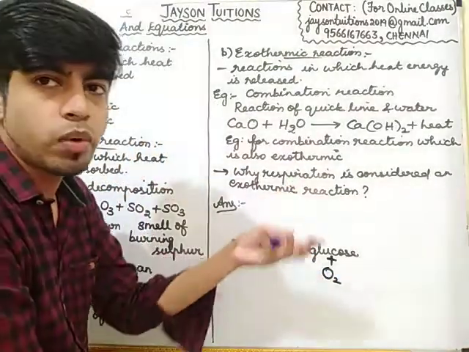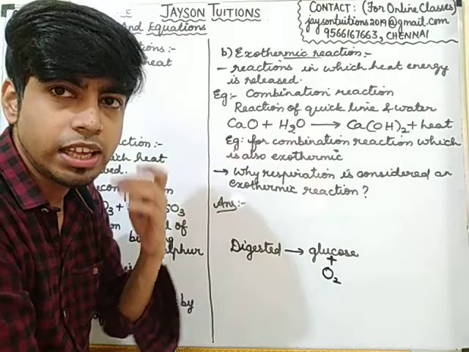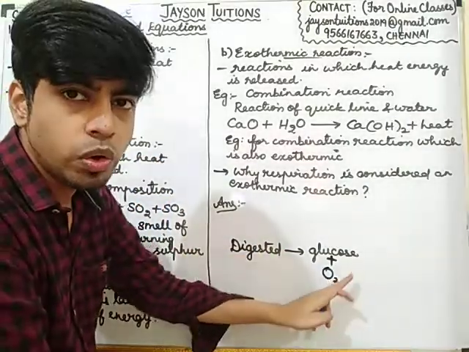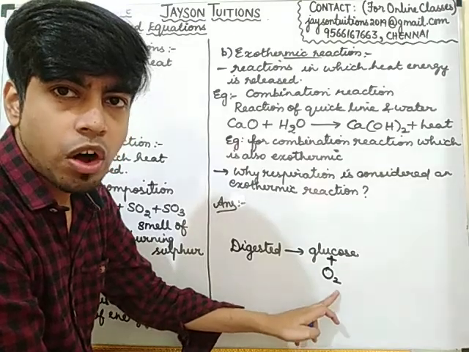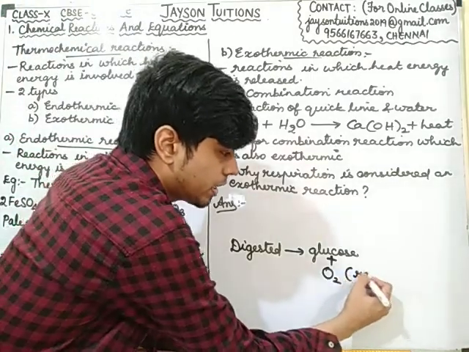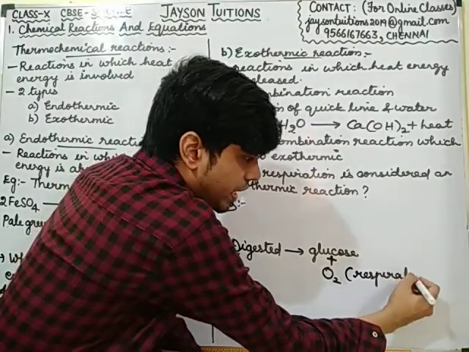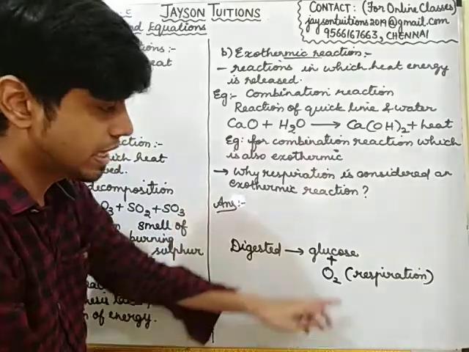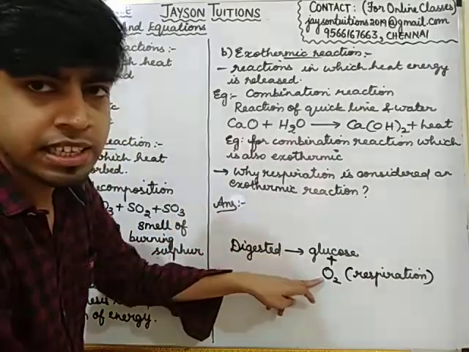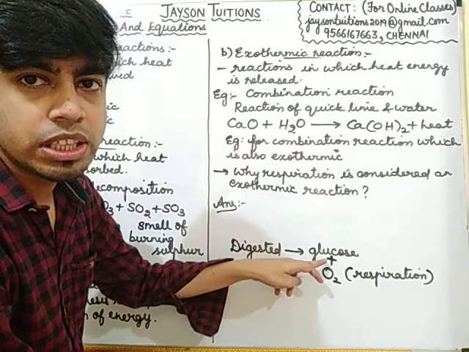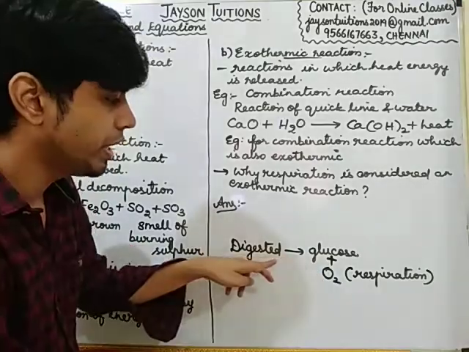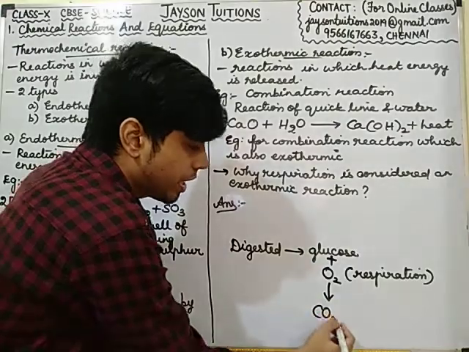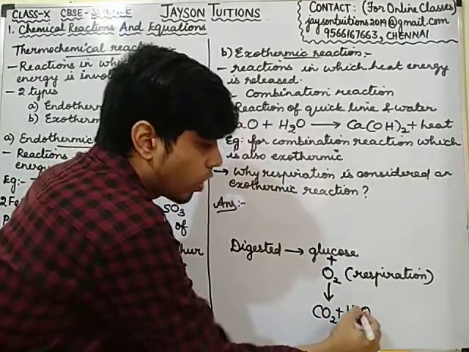During respiration, what gas are we inhaling? We are inhaling oxygen gas. So the glucose will combine with the oxygen present in the cells, and it will form carbon dioxide and water.